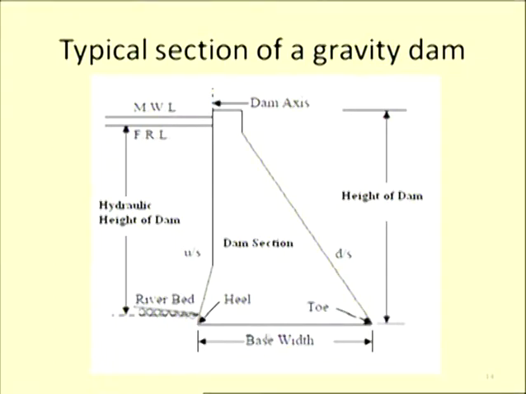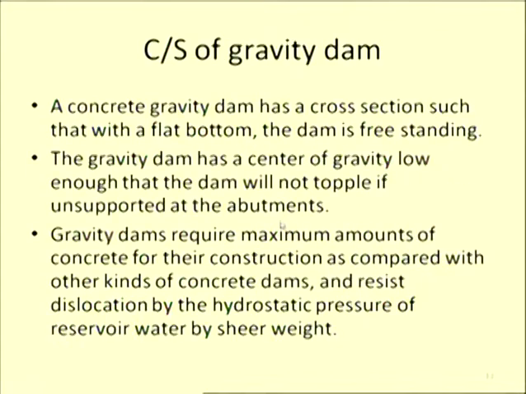So we could think of this as heel, toe, and this whole is the dam section. I'll come back to this sketch again, but let's discuss a few points about the cross section of the gravity dam.